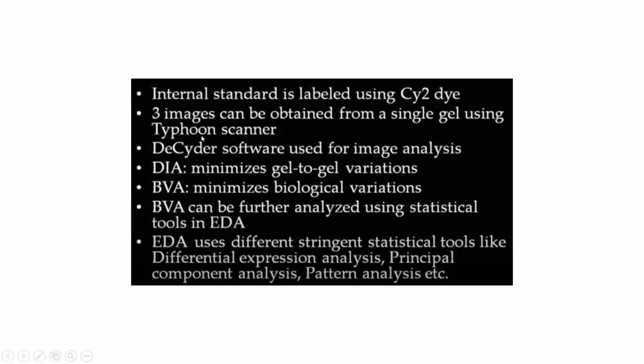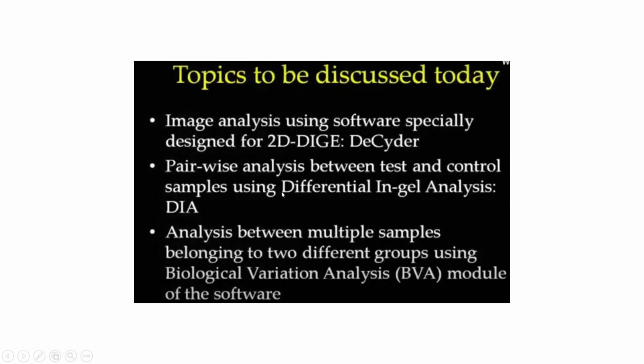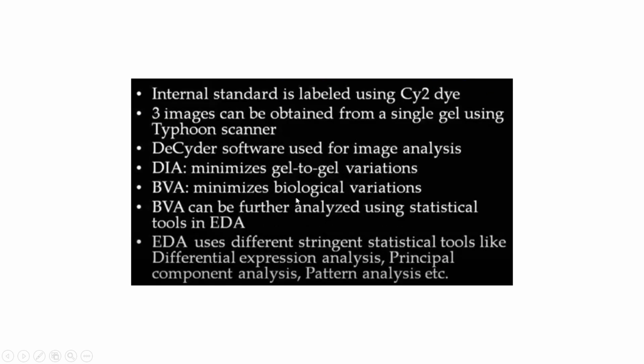Once you take the image, you can take those specific images to DeCyder software for image analysis. There are different types of analysis: DIA analysis, which is difference in-gel analysis, which minimizes gel to gel variations, and there is biological variation analysis as well, BVA, which minimizes biological variation.